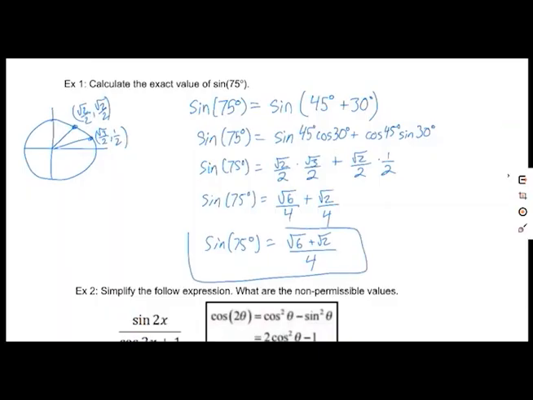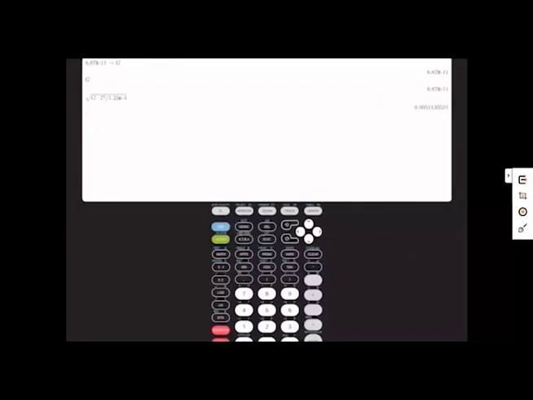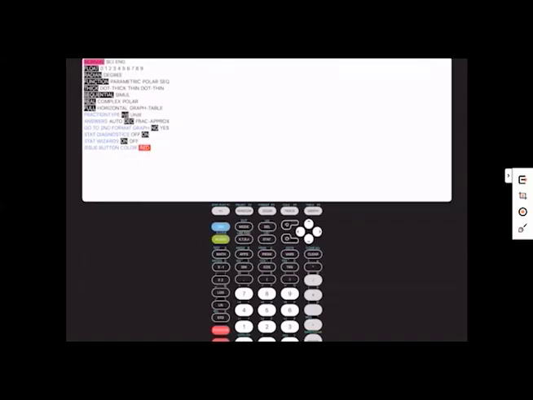Now, this is a case where we can always jump to our calculator and check our answer if we want to at this point. So if we pull up the calculator, we could do the sine of 75. I'm just checking to make sure I was in, sorry, that I was in degree mode, which I wasn't.